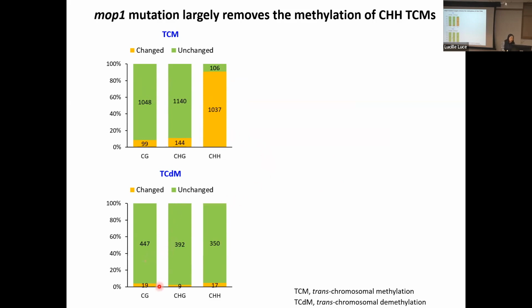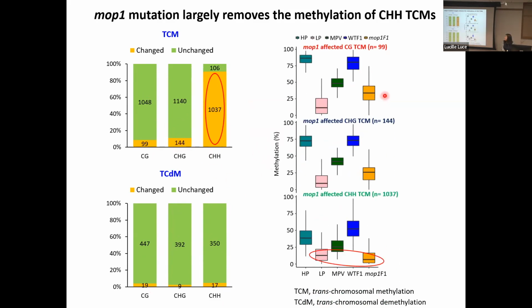For CG and CHG, we identified only a few that changed methylation in the mutant background. If you check the methylation level at these affected TCMs, CG and CHG are reduced in the mutant, but CHH methylation is even removed to 0, even lower than the low parent allele. So this data indicates that MOP1 mutation largely works on CHH methylation.